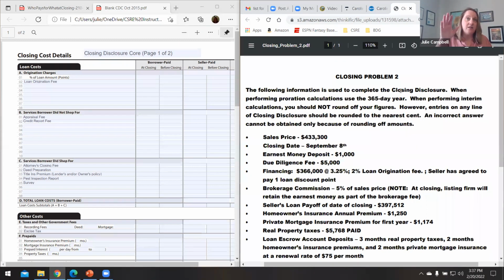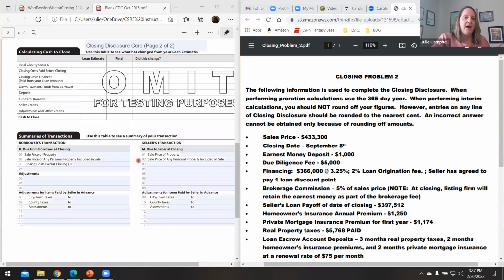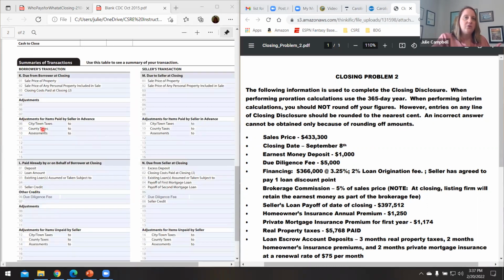You don't have it on CD2, but some of the other ones that you can do for homework, just remember, we don't have HOA dues written in. So when you come across problems that have HOA dues, you need to write it in and then make sure you put the amount.